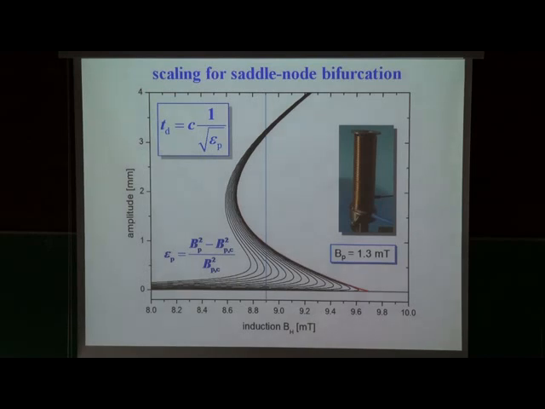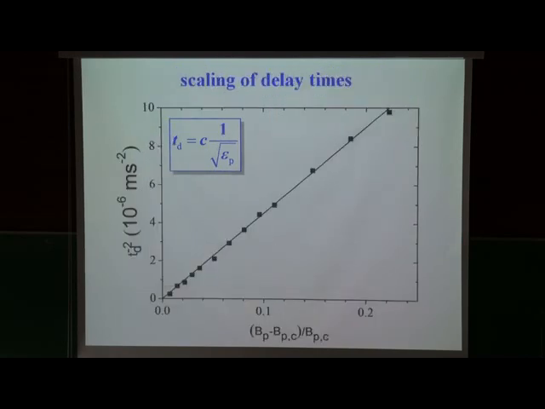It is also well known that for the scaling of the time which it takes to overcome this regime where you have little growth, this delay time should scale as 1 over the square root of the control parameter epsilon probe, and this is the distance, and this is what we found.